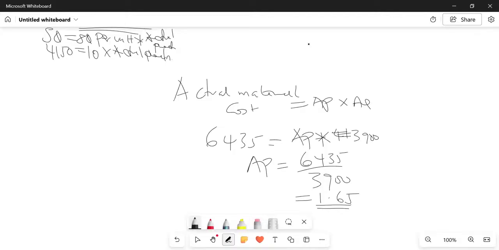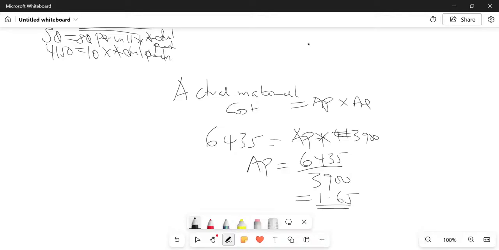Don't overthink. There are those that are direct. We use material usage formula to get AP? No. Because you see usage formula, what do we have? Usage formula, SQ minus AQ into standard price.